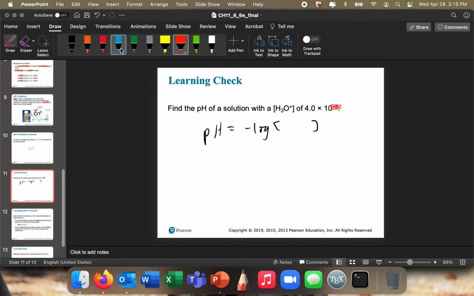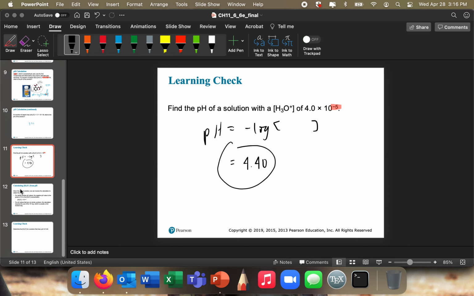So let's put it in our calculator. Minus log 4 times 10 to the minus 5. Did I get that right? I did. It comes out to be 4.40. That's the pH.